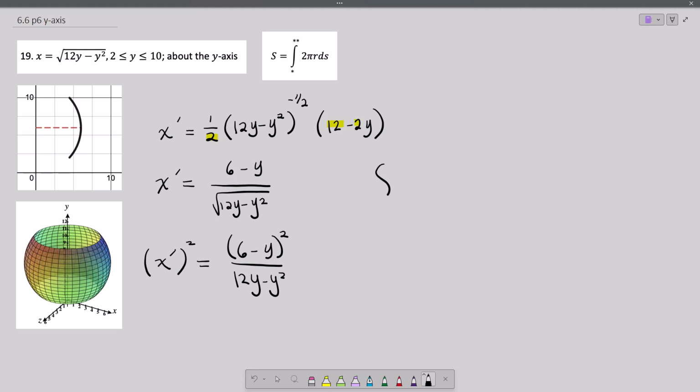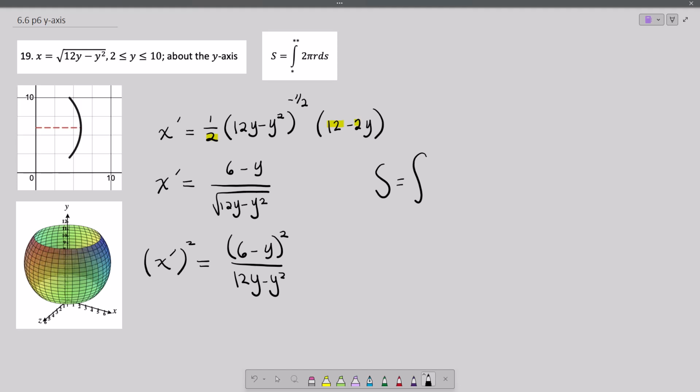And now we can build capital S. Capital S is the integral. Our element is horizontal. The thickness of that is a dy. So we know that we want all y's inside that integrand. And the function acts like the radius.